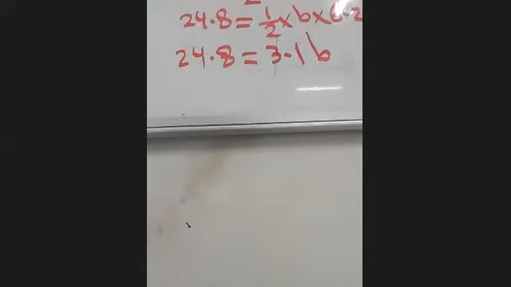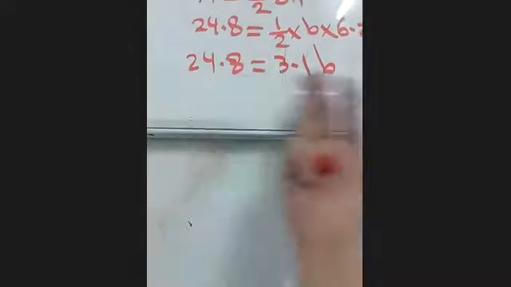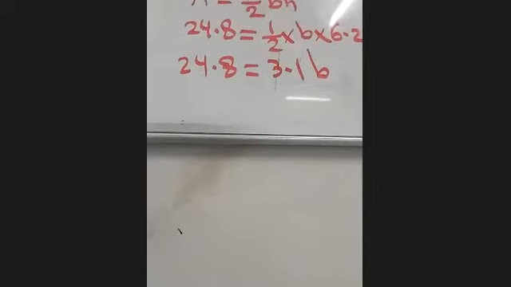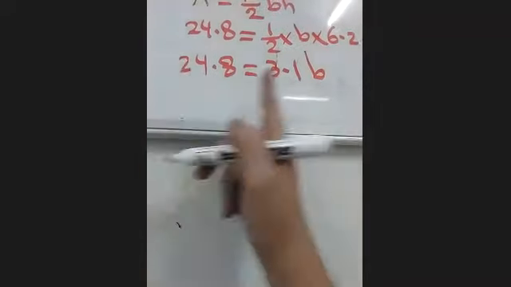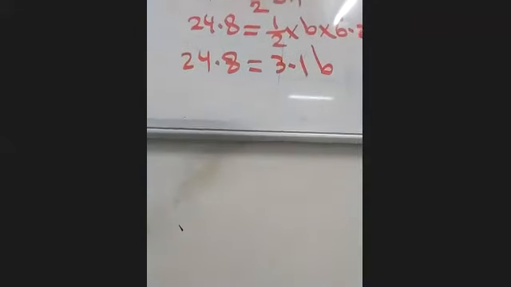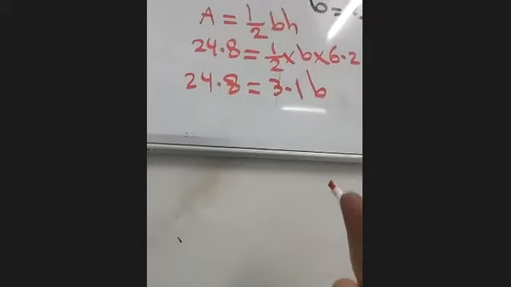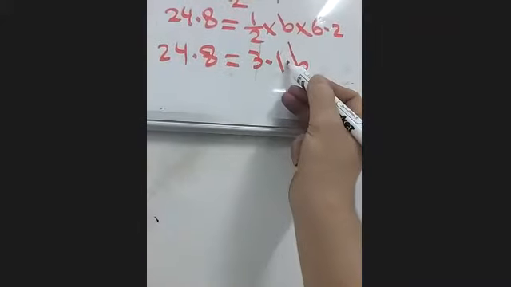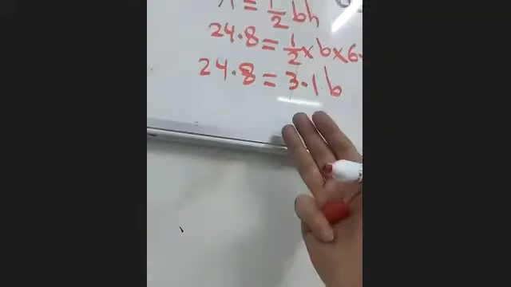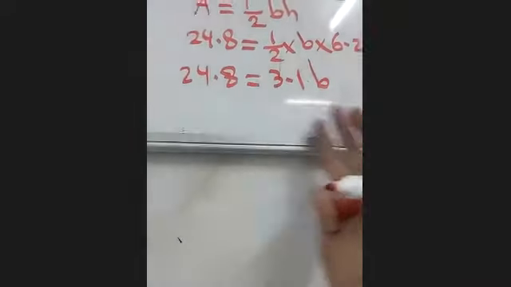No. We're missing the variable. What's the name of this equation? It is a multiplication equation because it has multiplication, not division. If it has division, we call it a division equation, but here it has multiplication, so we say it's a multiplication equation.